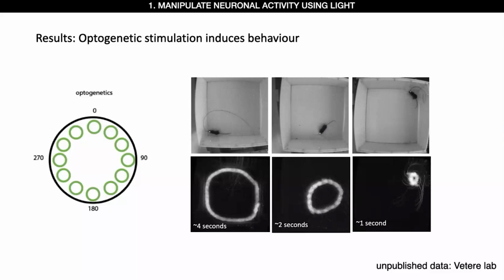But eventually you can see that these animals are trying to cover 360 degrees with their head when the light goes on. So it's very fascinating, but it's just an example of what we can really do with optogenetics to try to understand the activity of the neuron and how it correlates with the behavior of the animals.